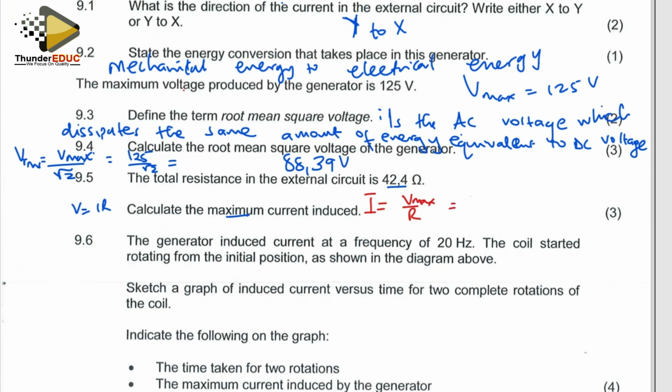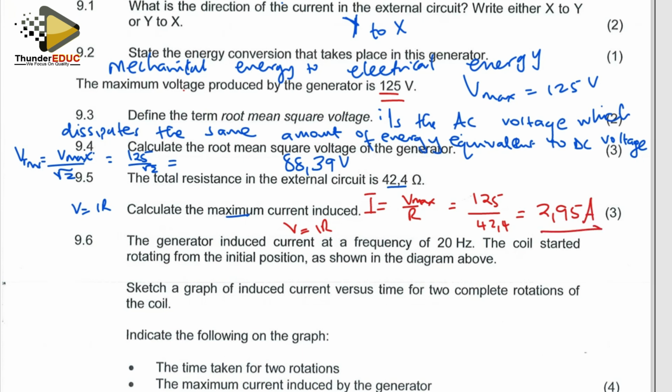They give us the Vmax as 125, so 125 divided by 42.4 gives me 2.95 amps.